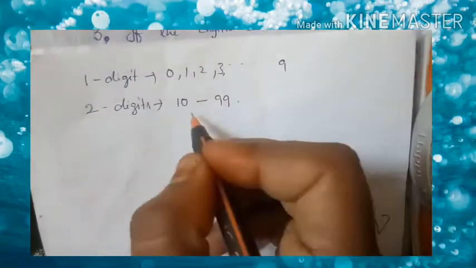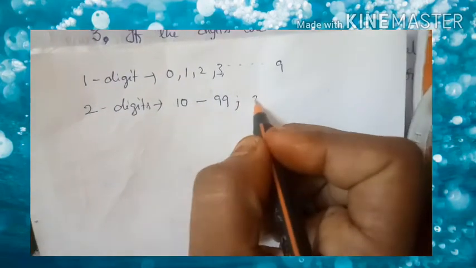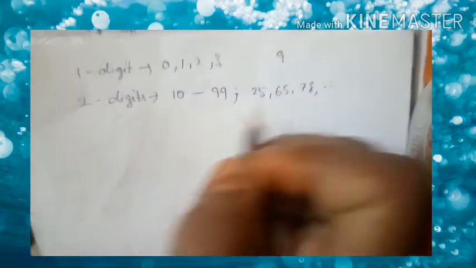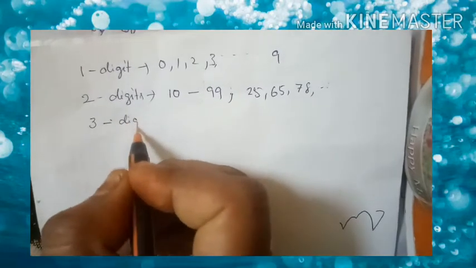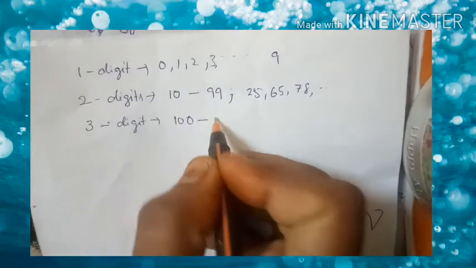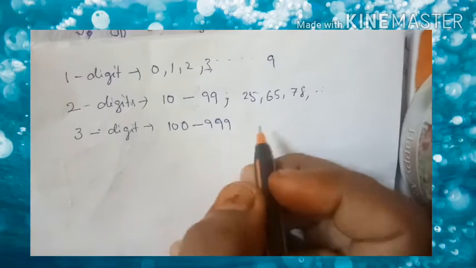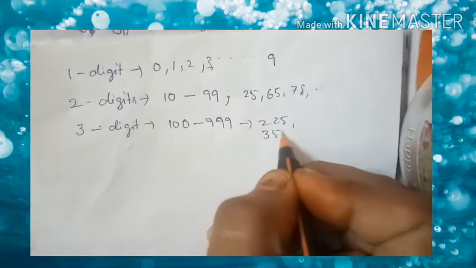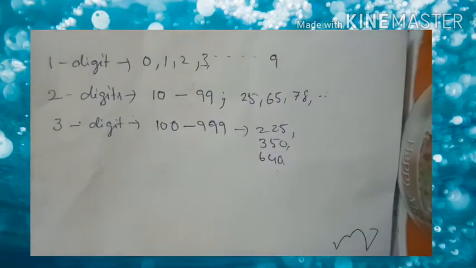That means all the numbers in between will be two digit numbers like 25, 30, 65, 78 and so on. Okay, three digit numbers. That means this lies between 100 and 999.